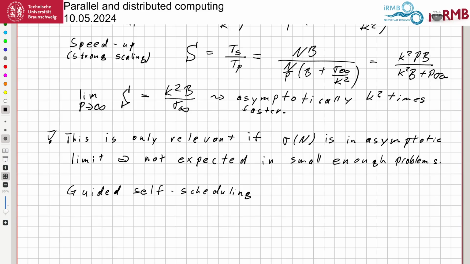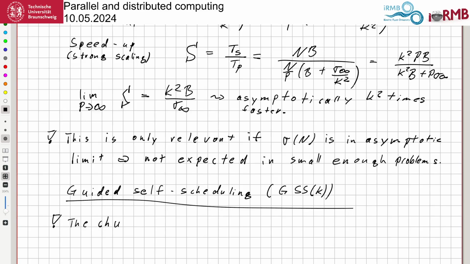There are, of course, many possibilities to do scheduling in a different way. But this is a simple one. So the thing is, the chunk size does not need to always stay the same.